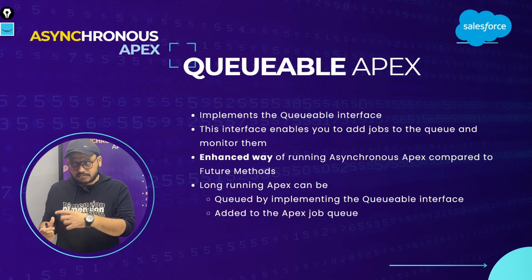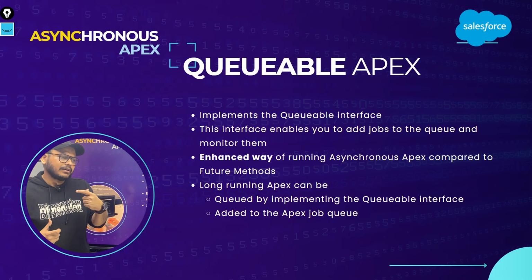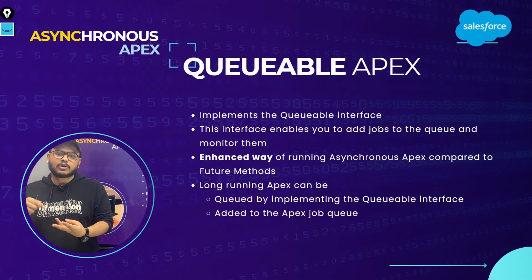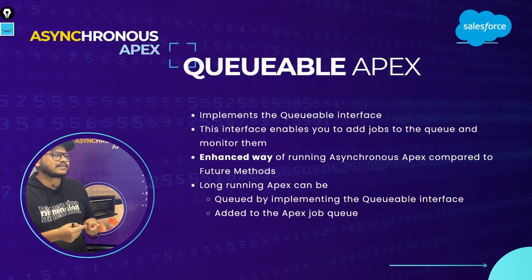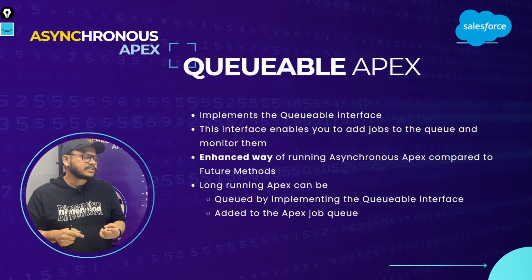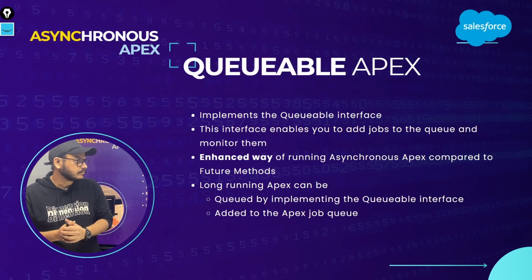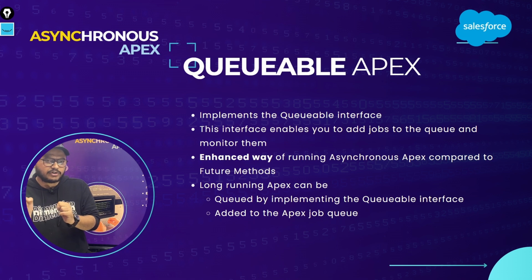Queueable Apex, in fact, does the same thing. The core purpose can be similar or the same, but in addition to what a future method does, Queueable Apex has a few more attributes which are handy for working with different scenarios or different kinds of requirements.